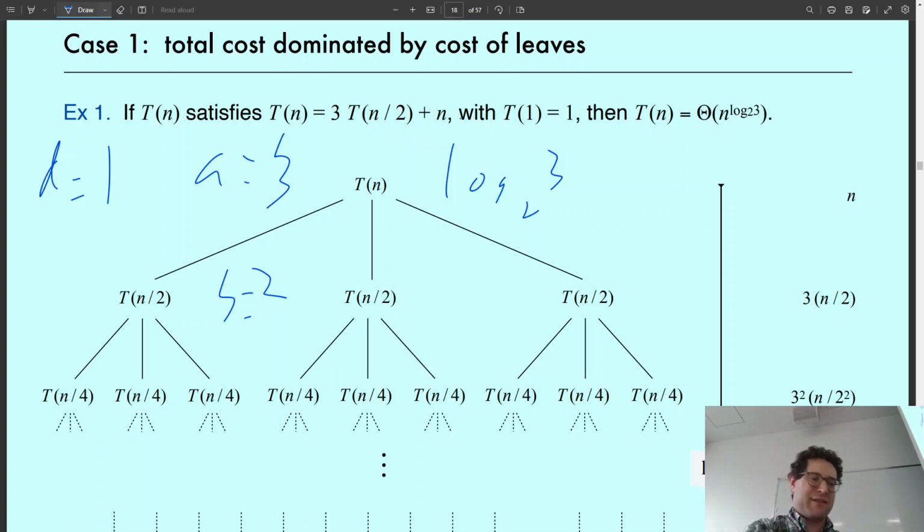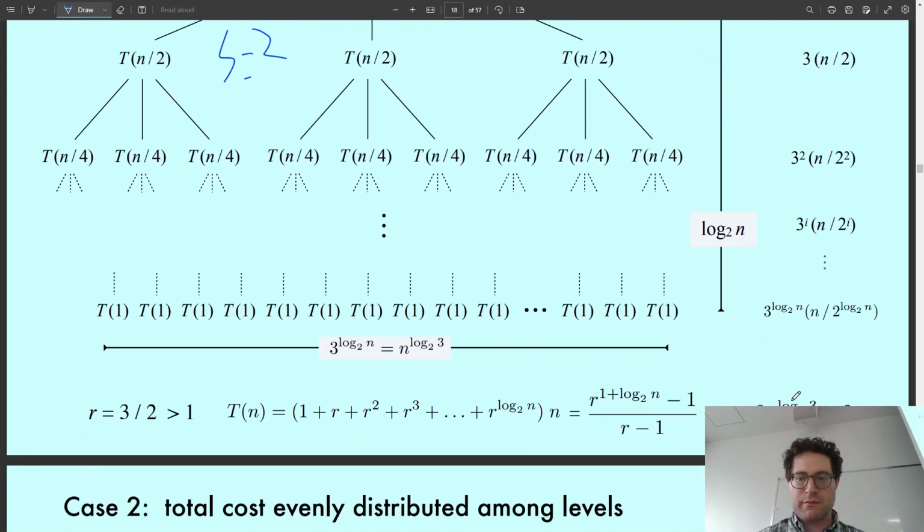So it's greater than D, which means it's our third case, which is O of n to the log base 2 of 3 power, which is exactly what they have, because if we scroll down, n to the log base 2 of 3.